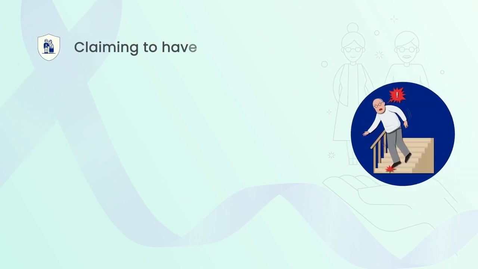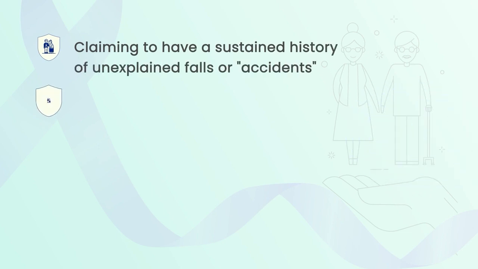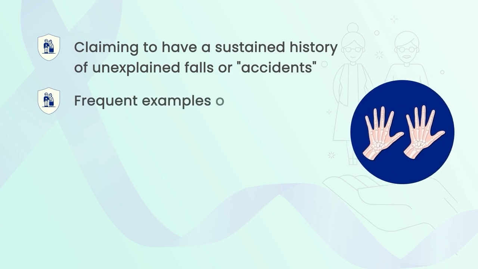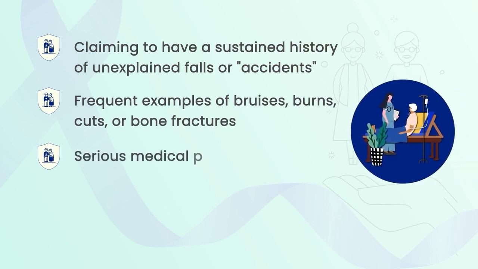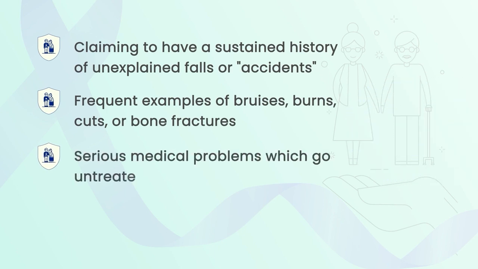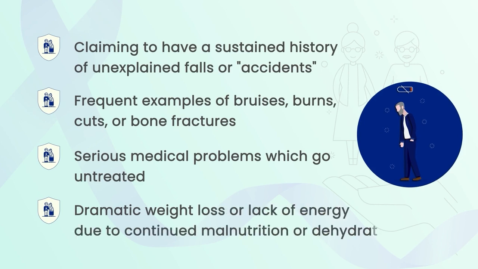This could include such signs as a person claiming to have a sustained history of unexplained falls or accidents, frequent examples of bruises, burns, cuts or bone fractures, serious medical problems which go untreated, dramatic weight loss or lack of energy due to continued malnutrition or dehydration.